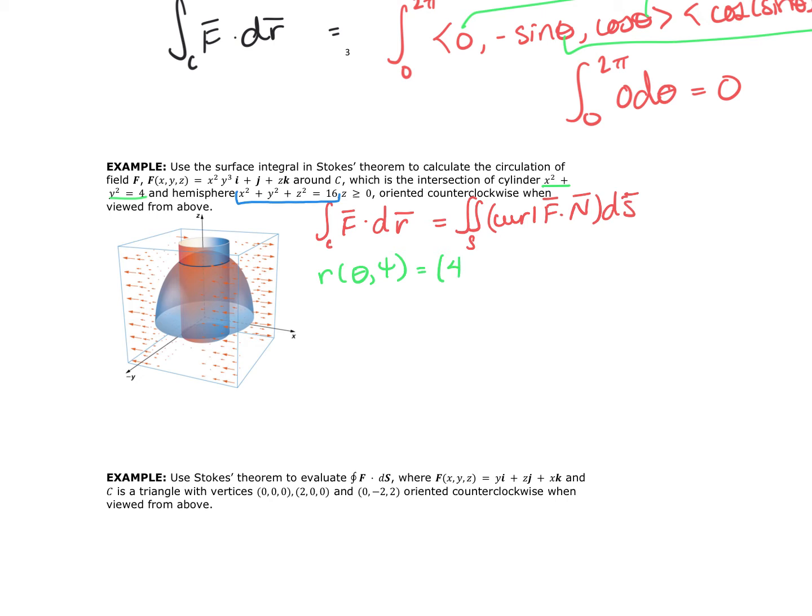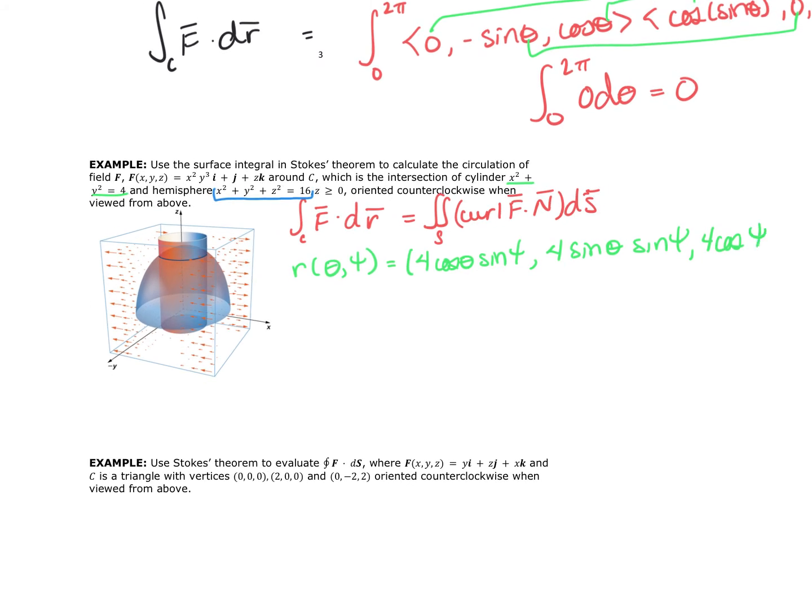So that's 4 cosine of theta sine of phi, comma, 4 sine of theta sine of phi, that's a phi, not a 4, and then 4 cosine of phi. So that's my r vector. Now I have to figure out what's going on with those.